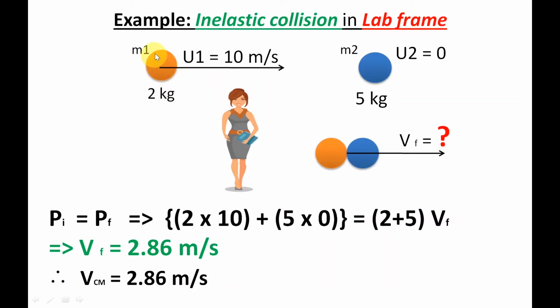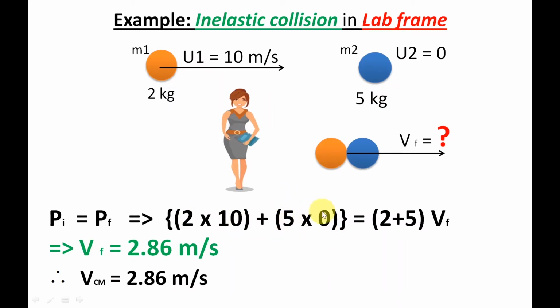The momentum of this body, according to the laboratory frame's observation, is 2 kg times 10 meters per second. And 5 into 0 will be the momentum of the second particle, since it is at rest, so this will obviously be 0.